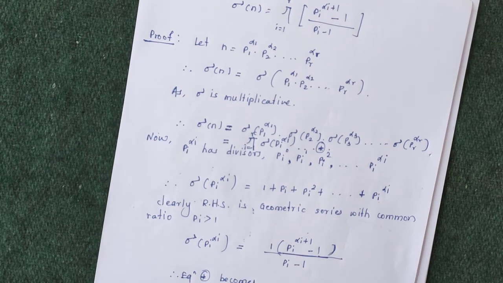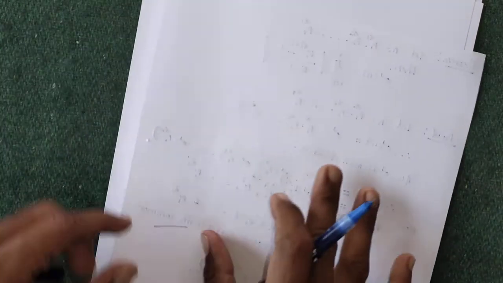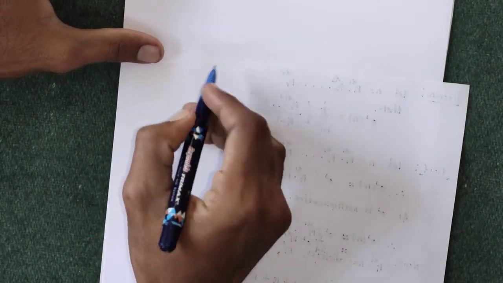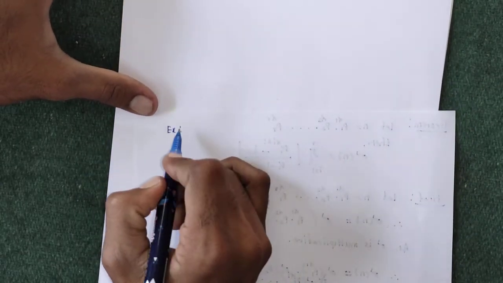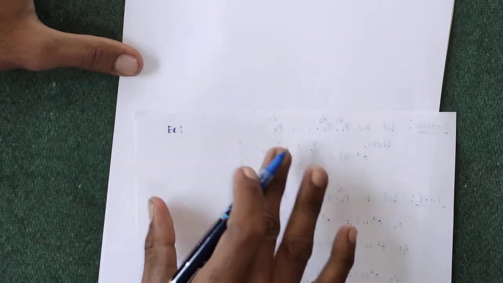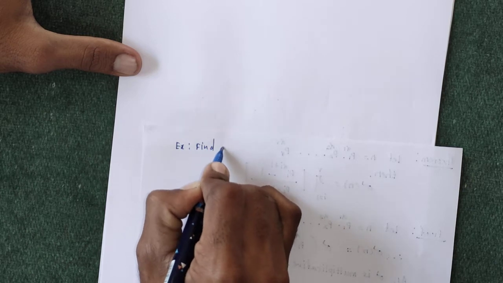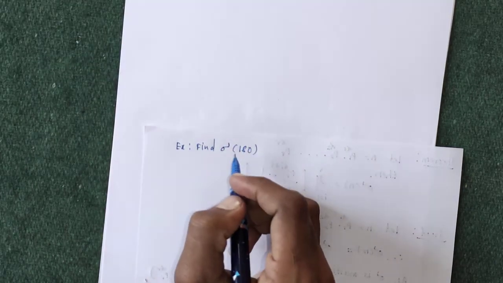This theorem is useful to find sigma of larger numbers. For example, we will take one example. This example may be asked for 2 marks in the university examination. The example is: find sigma of 180, sigma of 360, sigma of any number.